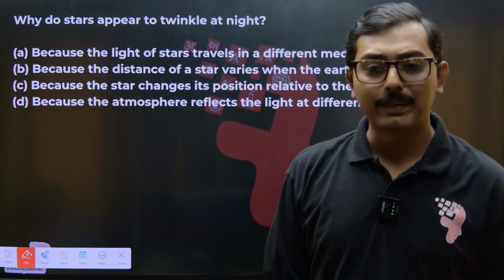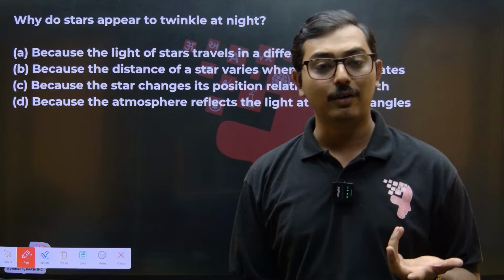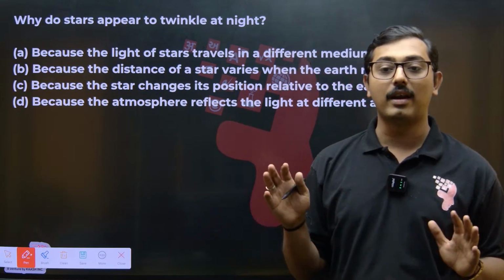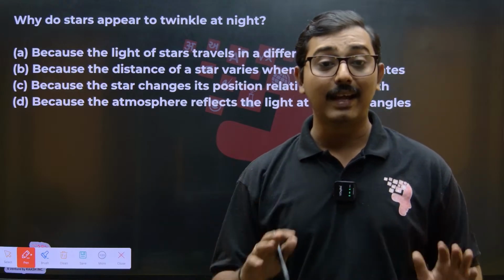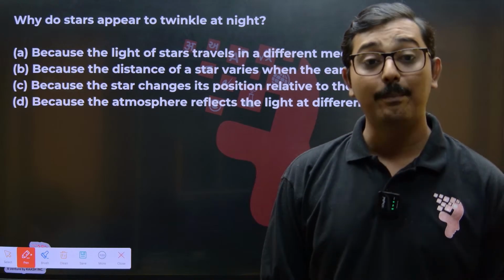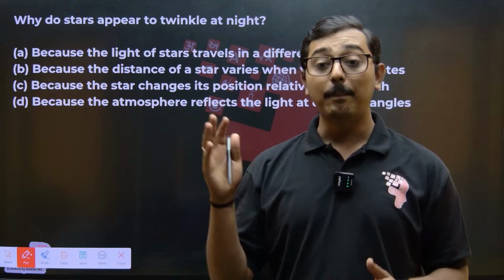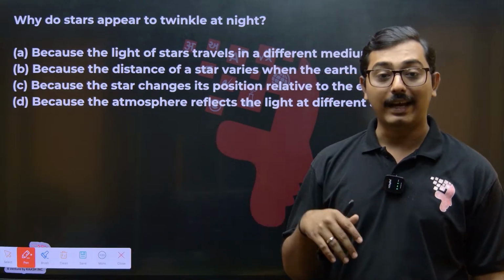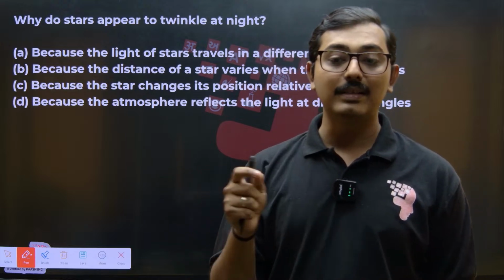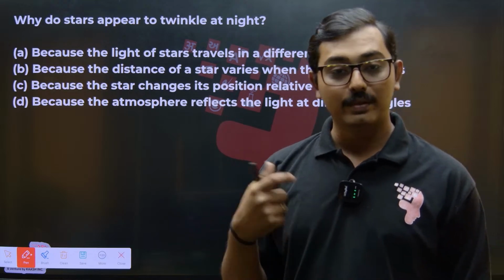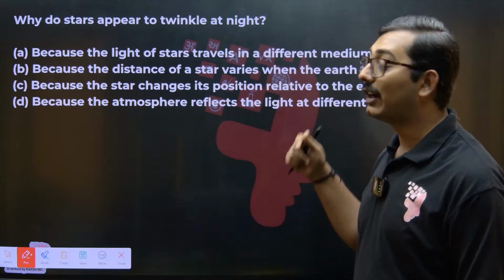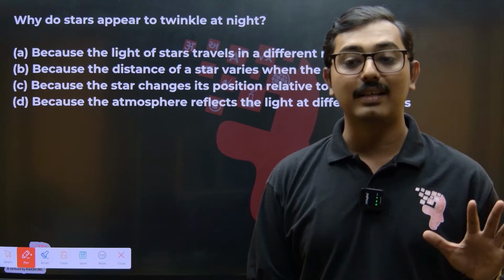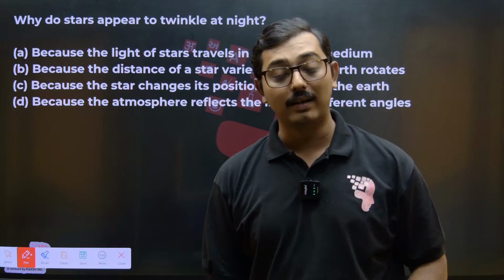It is simply because the distance between the star and the earth is very far, and because of that entire distance to be covered, there are many particles between our vision, and that kind of disturbance in our continuous vision makes them appear to be twinkling. Otherwise, they are not twinkling at all.